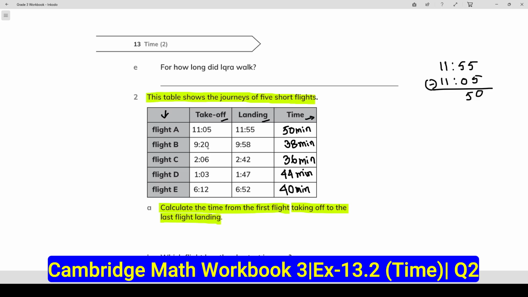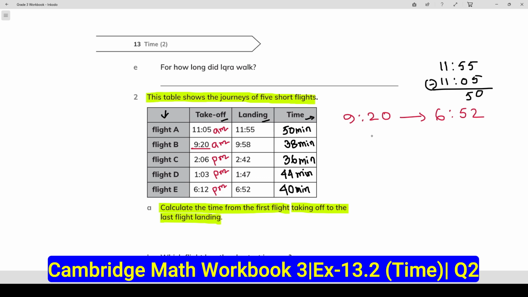Please note that it is not mentioned which one is daytime or night time, but we can consider our first flight, which is 9:20 a.m. Okay, this is a.m. Next 11:05 it's also a.m. 2:06 becomes noon, it means p.m. This is p.m. and this evening one is also p.m. So from here first flight 9:20 and landing 6:52, right? So how do we calculate this one?